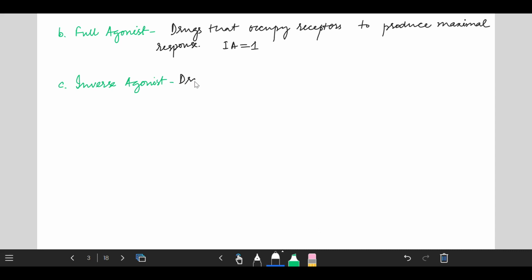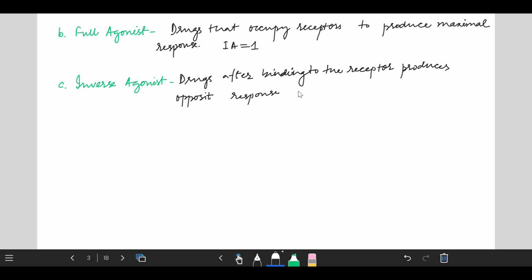So these are the drugs that, after binding to the receptor, produce the opposite response of the agonist. So its intrinsic activity is counted as a negative value. It can be less than or more than 1.